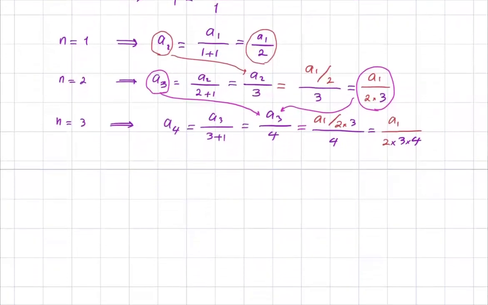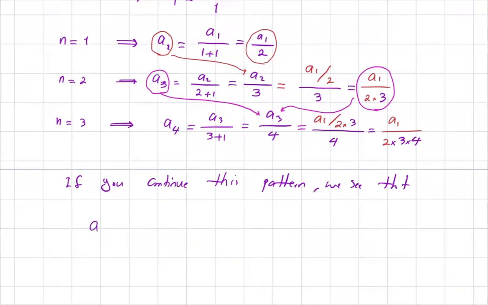In general, if you continue this pattern, we see that a sub n can be written as a sub 0 divided by n factorial.